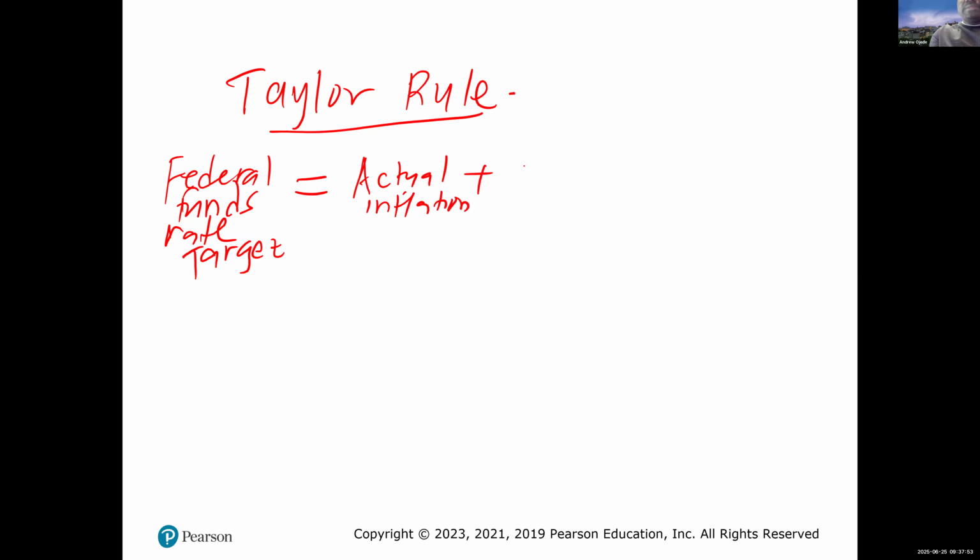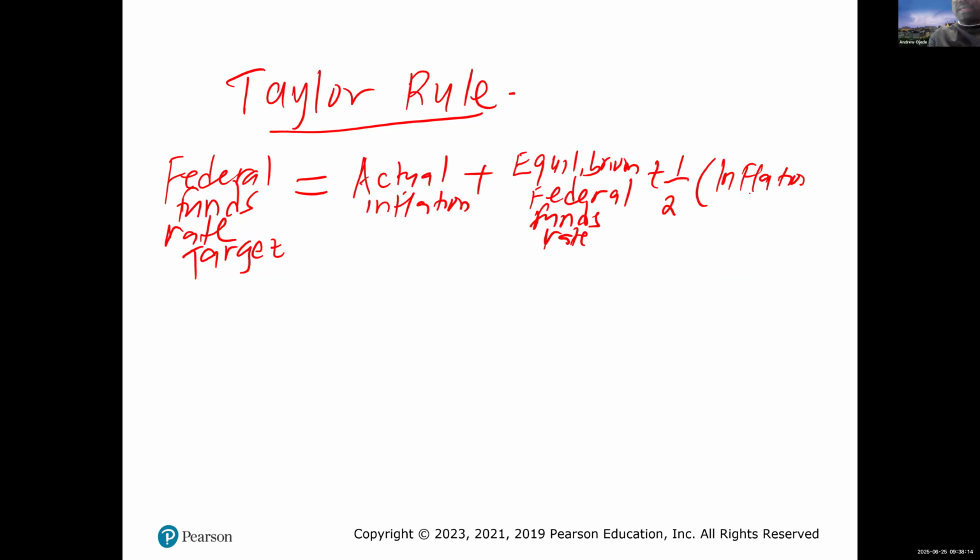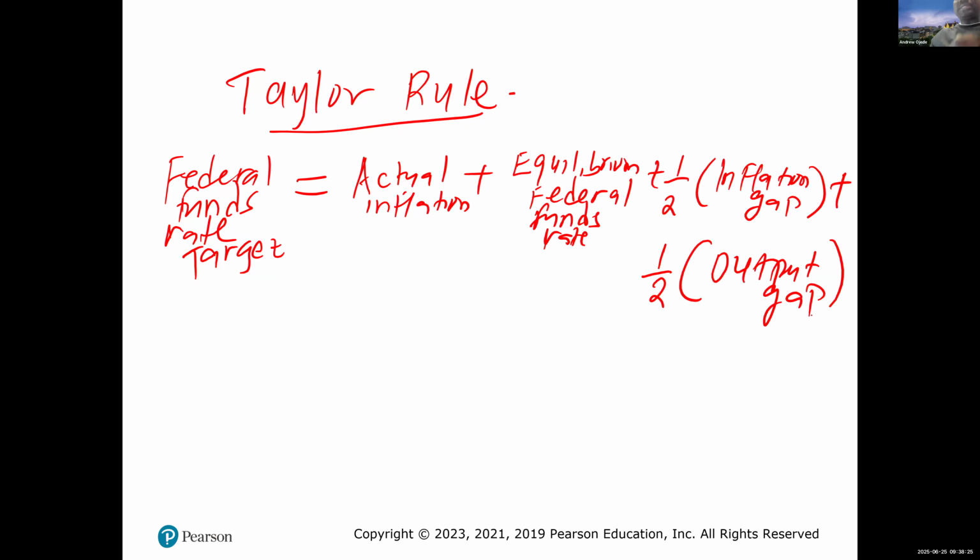Then you're going to add to it the equilibrium federal funds rate. And then you're going to add to it 1/2 times the inflation gap that I talked about earlier. Then you add to it 1/2 times the output gap. That's the Taylor rule formula.